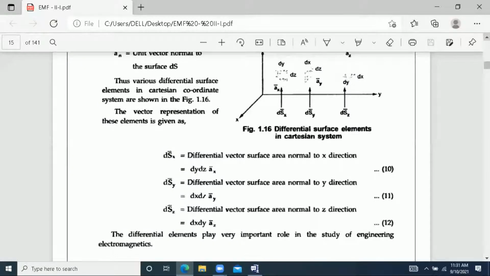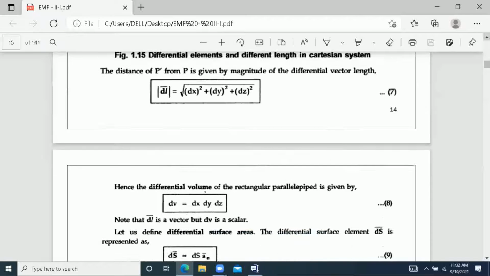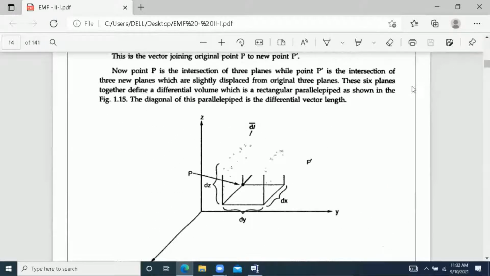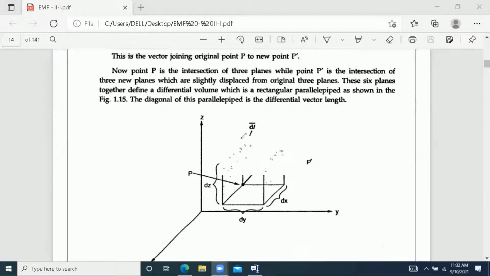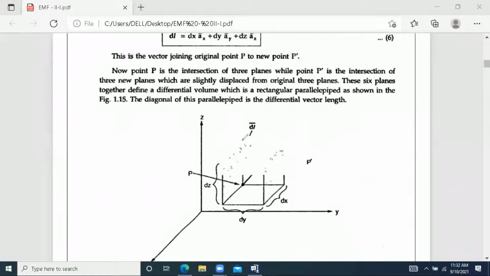Sir, which one did you say is in negative? Which one is in negative again? Let's look at this cube now.